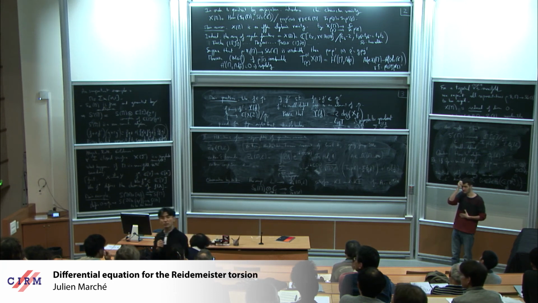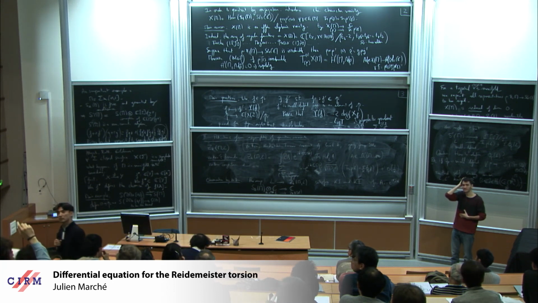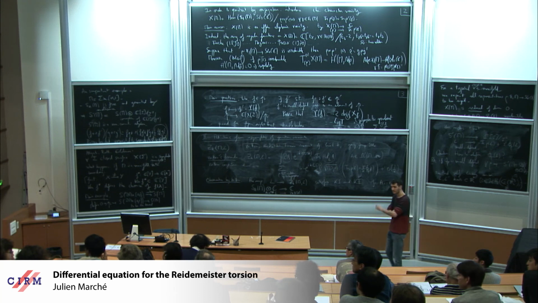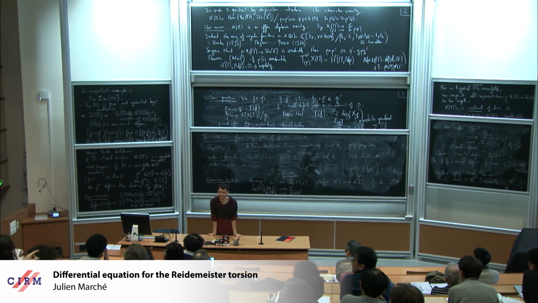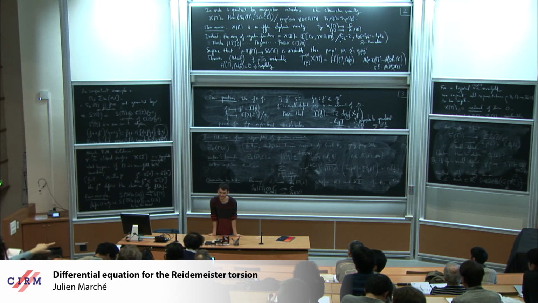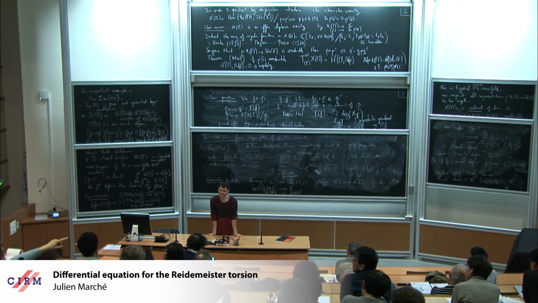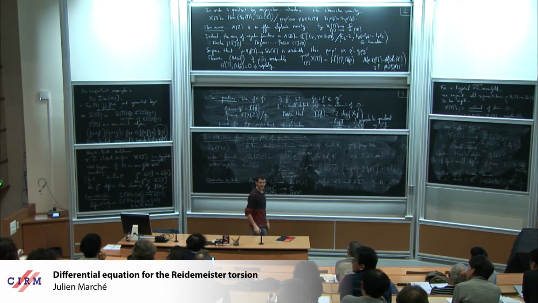Other question or comment? It might be just a technical thing, but at one point you passed from SL2C to SU2. And so your phi of rho, here rho is a representation into SU2.